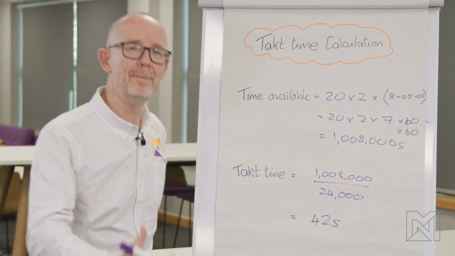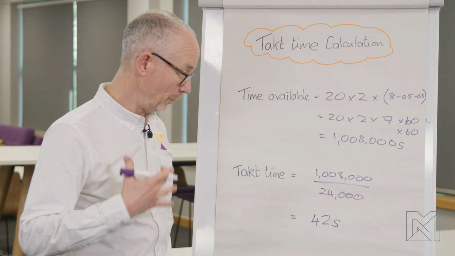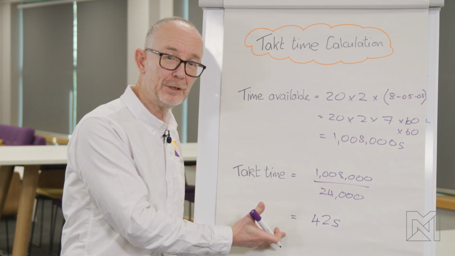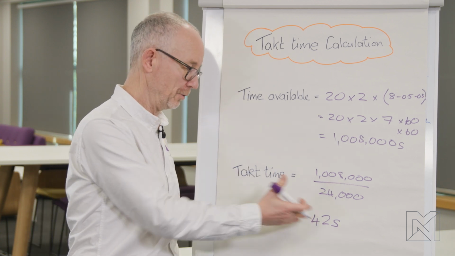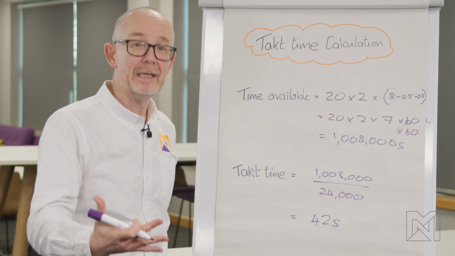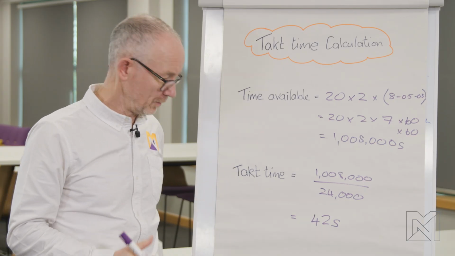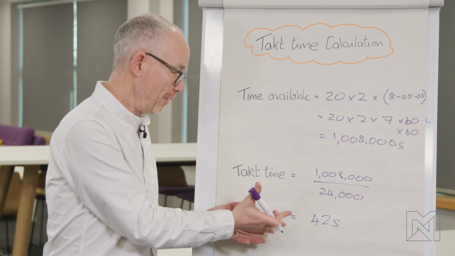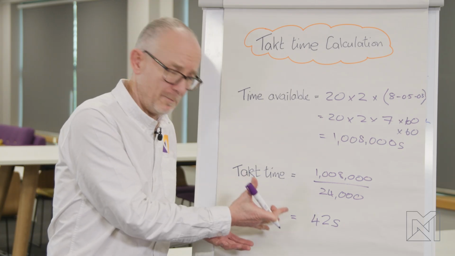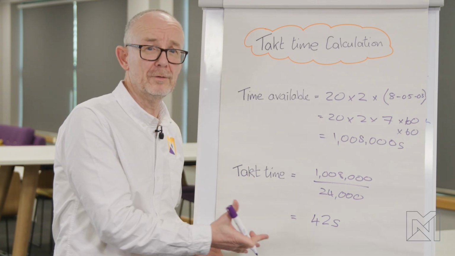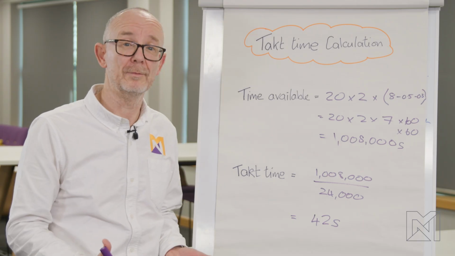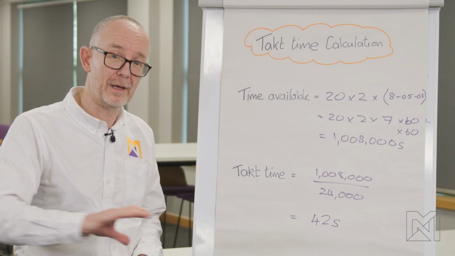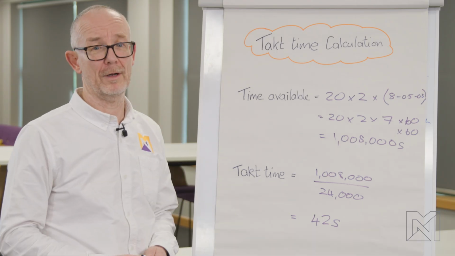So that's the drum beat. That's the cadence we need to hit every shift, every day, in order to keep pace with the customer demand. So we need to design our manufacturing system so that every operation lies just below the 42-second mark in terms of the cycle times, ideally, to create balanced, synchronized flow.